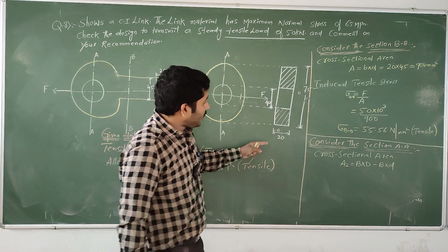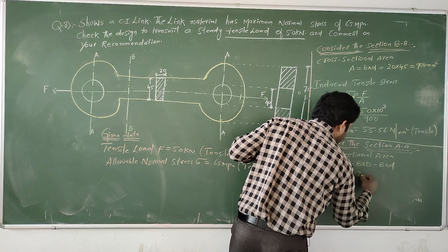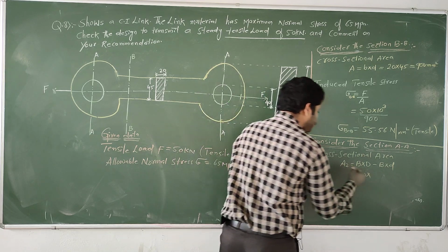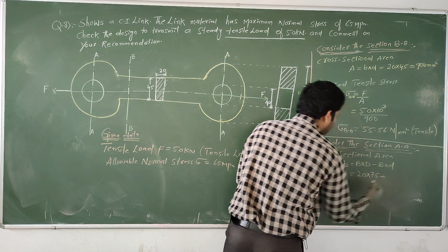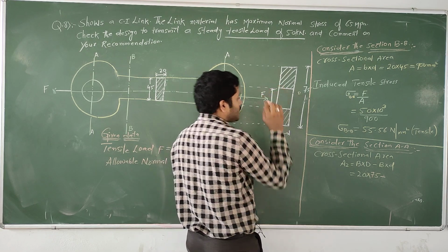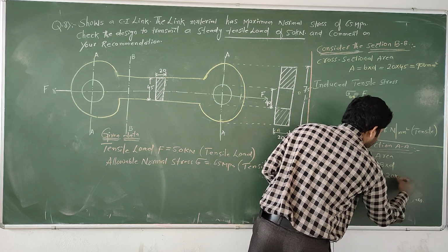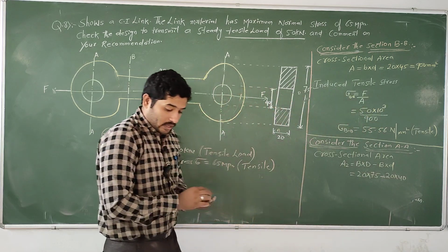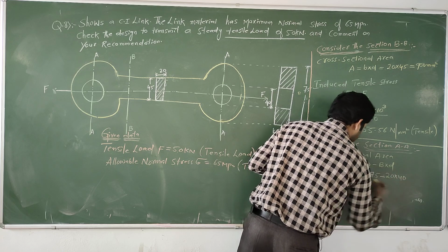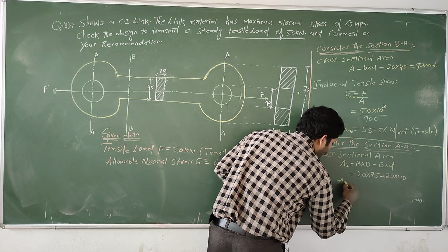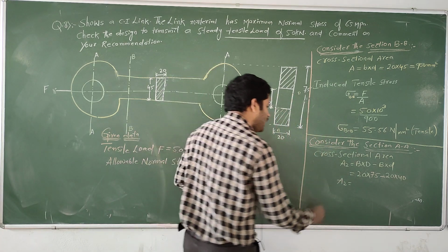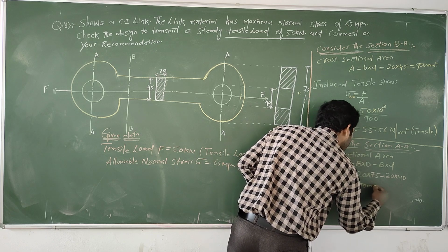Capital B is 20, depth is 75, minus breadth again 20, depth of the inner circle 40. 20 into 40. If you calculate, you will get the value 700. The cross-sectional area of the A section is 700 mm square.